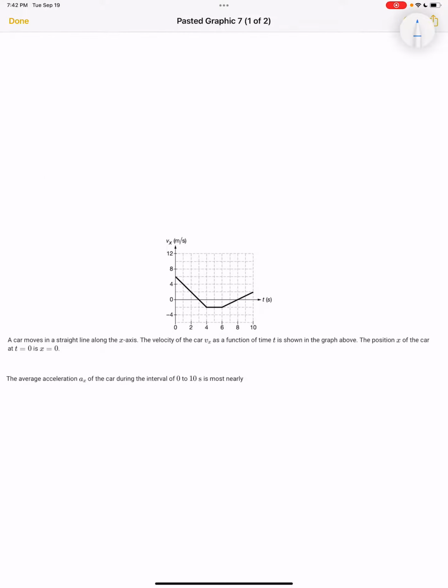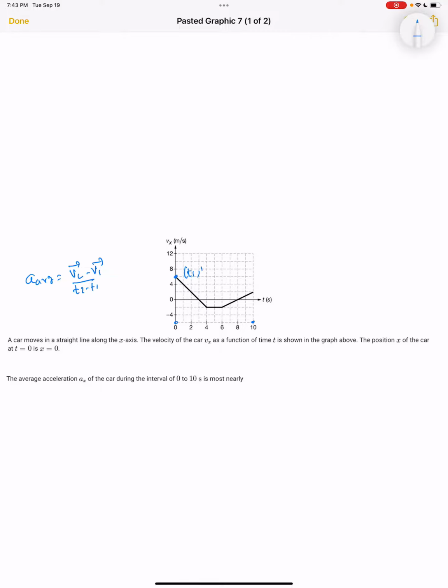We talked about how to calculate average acceleration in one of the lessons. It is denoted by a_avg, and as we said, it's v2 minus v1 over t2 minus t1. It's asking you from time 0 to time 10 seconds, so it's the start and the end that matters.